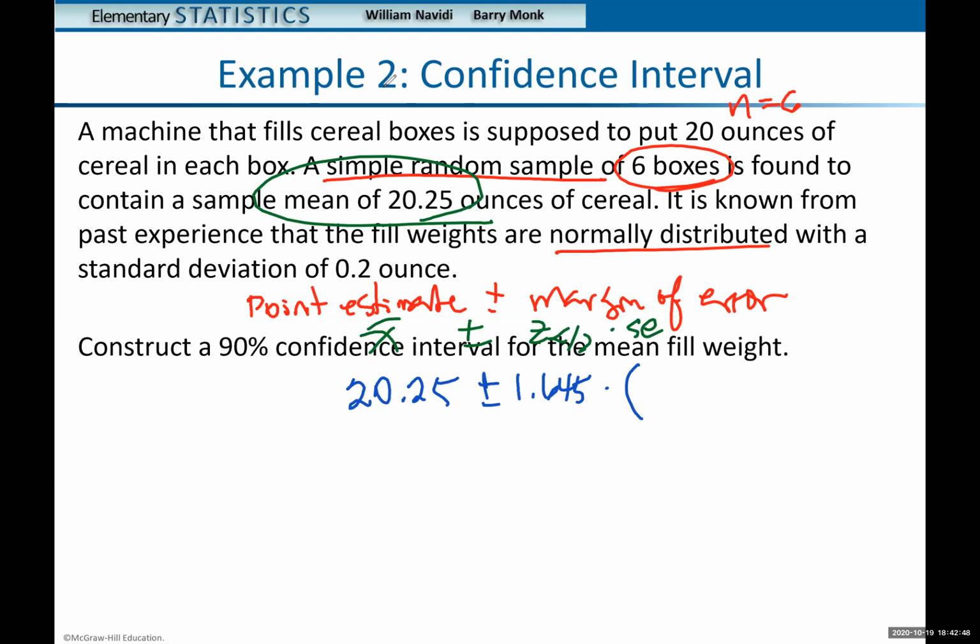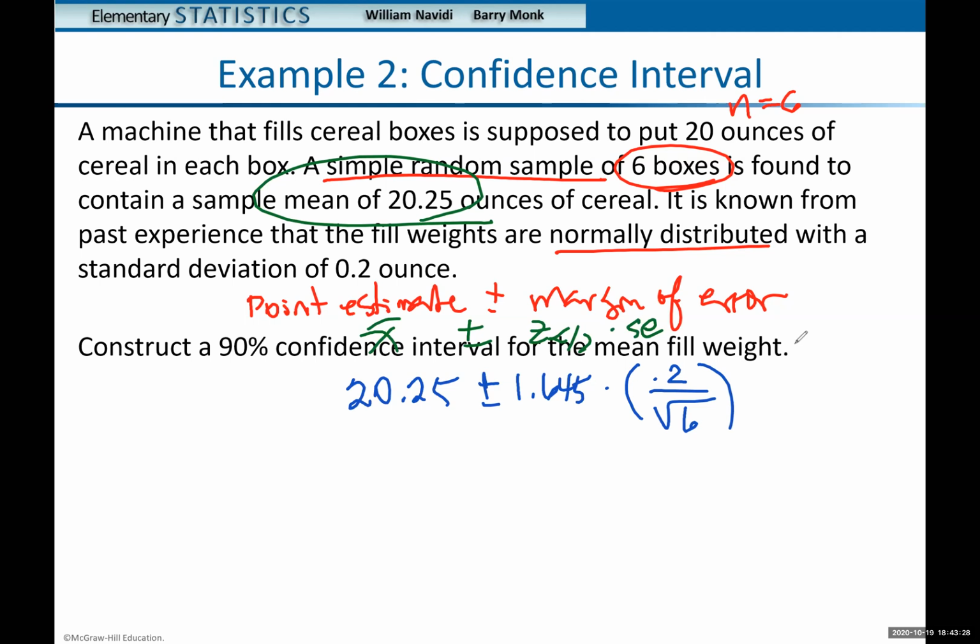What's the standard error? That's standard deviation. 0.2 is the standard deviation. What is the standard error? It's sigma over the square root of n. Yes, the standard deviation over the square root of your n. n is 6.